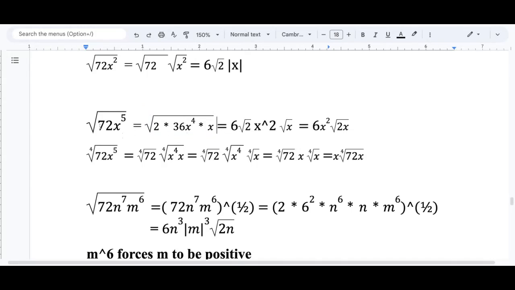So basically we read 72 as 2 times 36, x raised by 5 as x raised by 4 times x. Then, what's the square root of 36? That's 6. So we got 6 radical 2. Then this x raised by 4 with index 2, that's x squared. Then we have this x left, so square root of x. So we get 6x squared square root of 2x. Does this help?